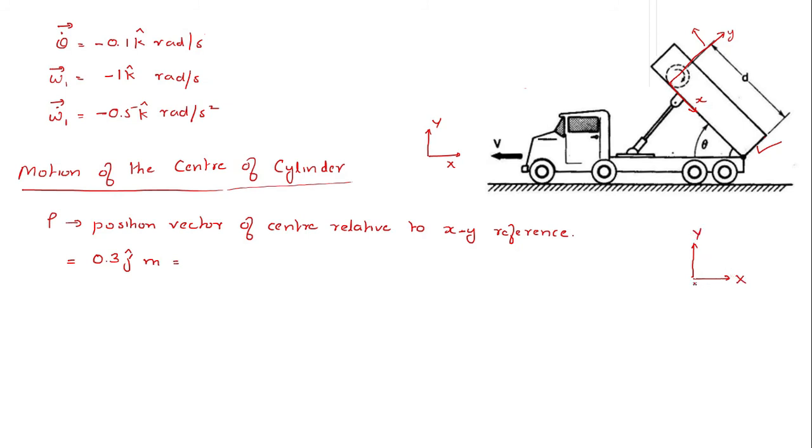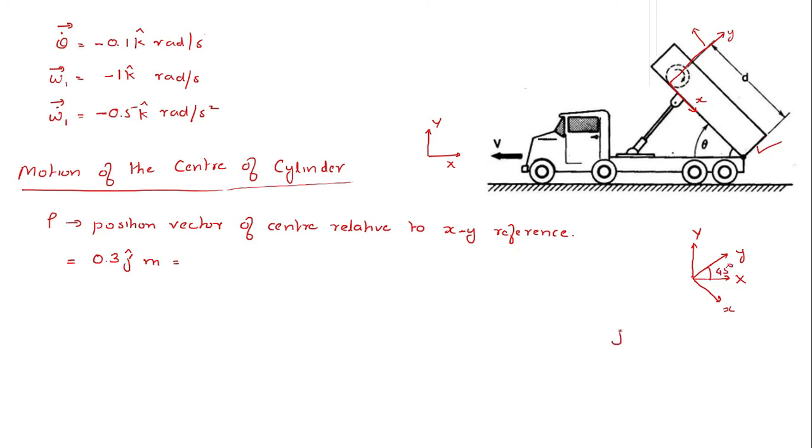Now at a particular instant of time, when theta equals 45 degree, the orientation of the secondary coordinate will be like this. So this angle here will be equal to 45 degree.